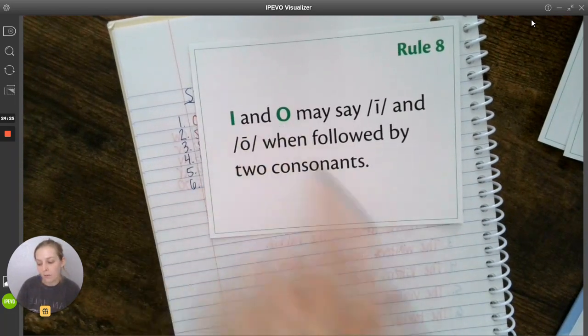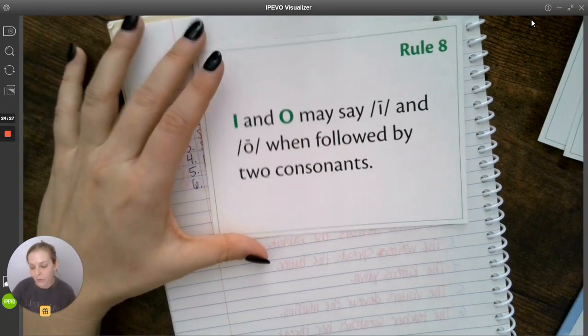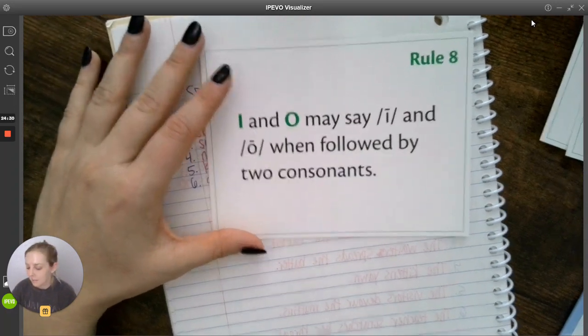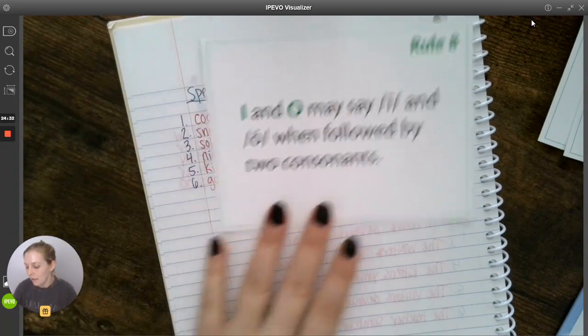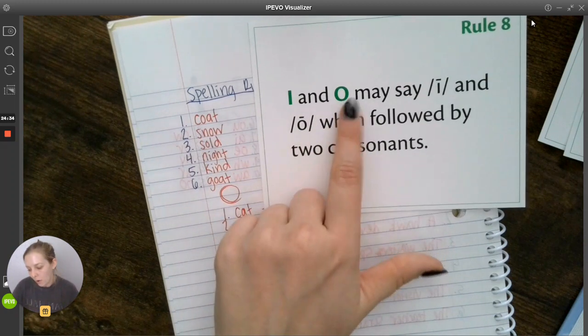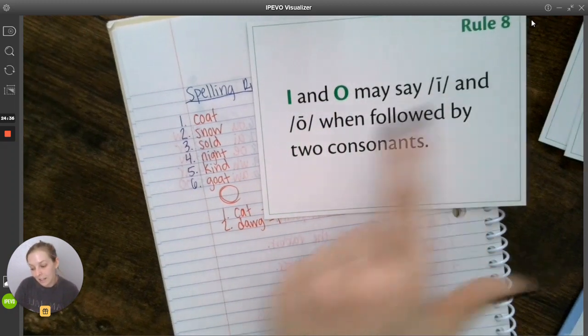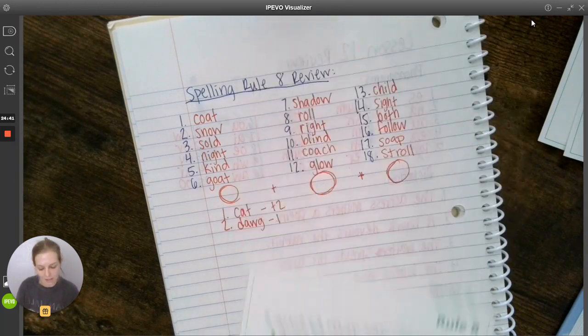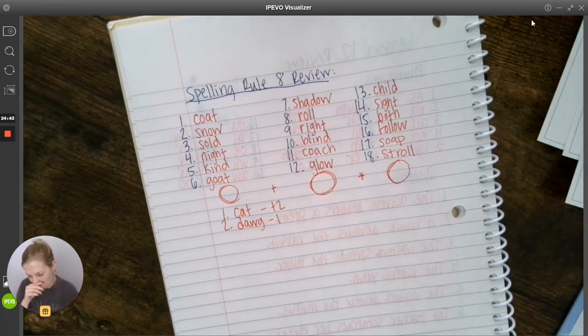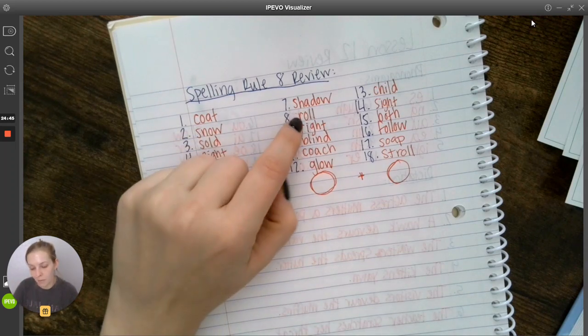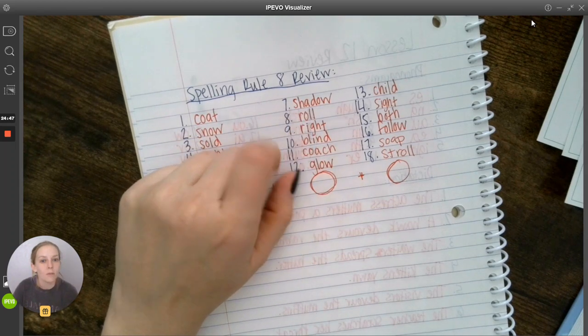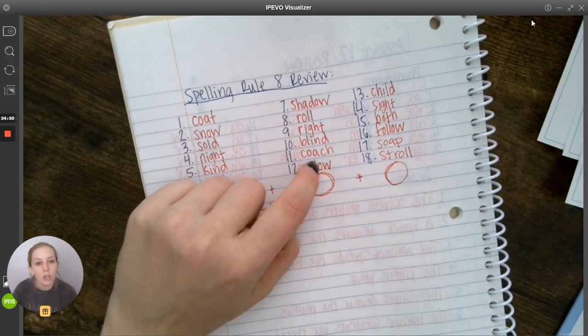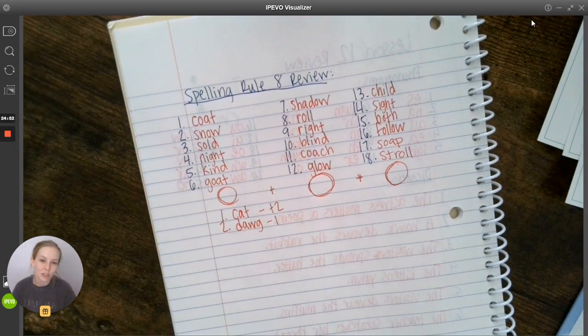I and O may say I and O when followed by 2 consonants. Let's say that one together. Good job. For example, roll or glow, or kind. Nicely done, friends.